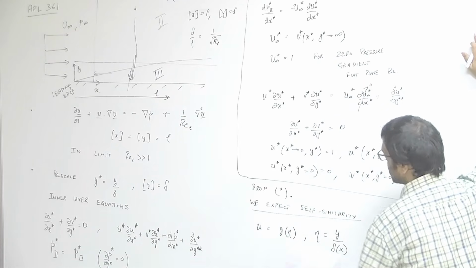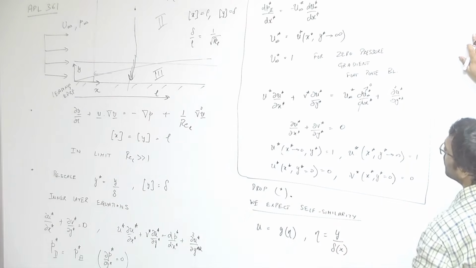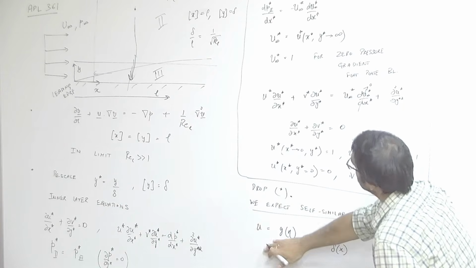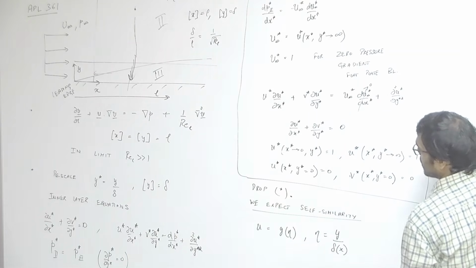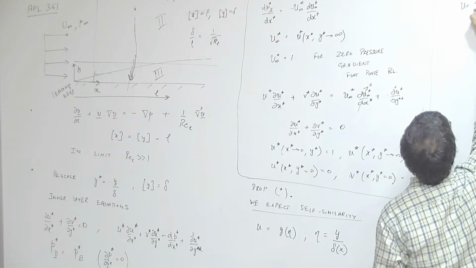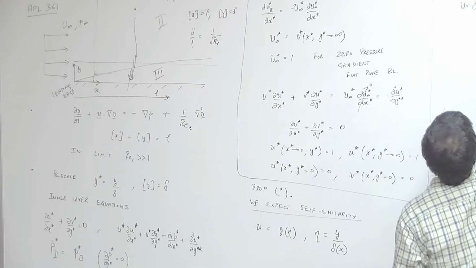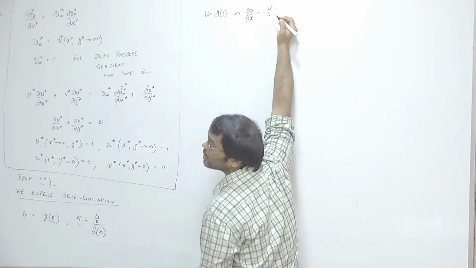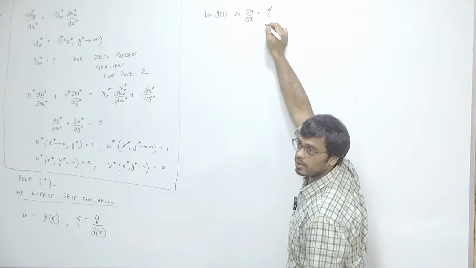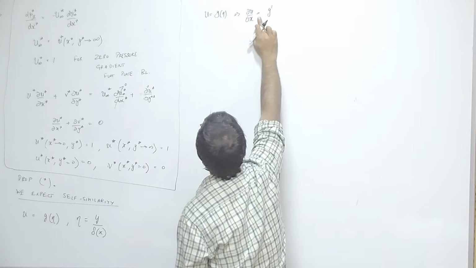So assuming this, we can substitute this into our governing equation and derive the results. With u being g of eta, we have del u by del x as g prime, where prime represents d by d eta.